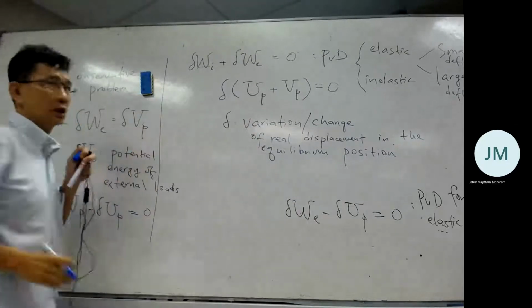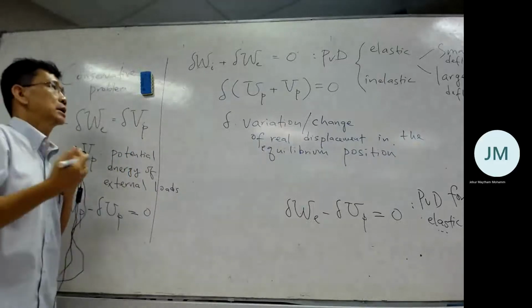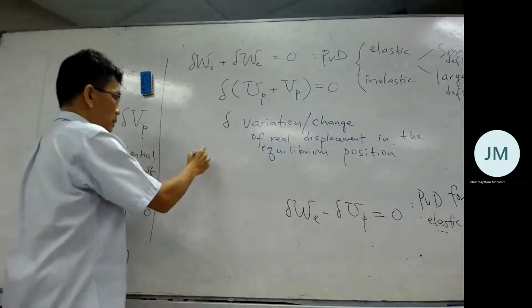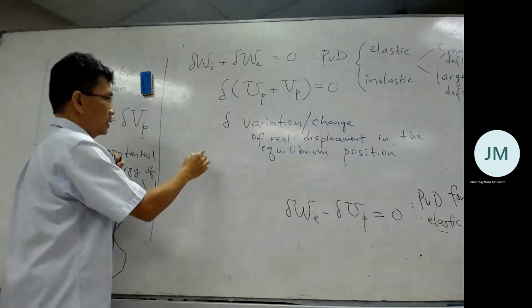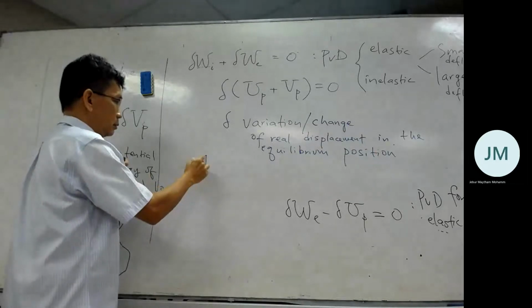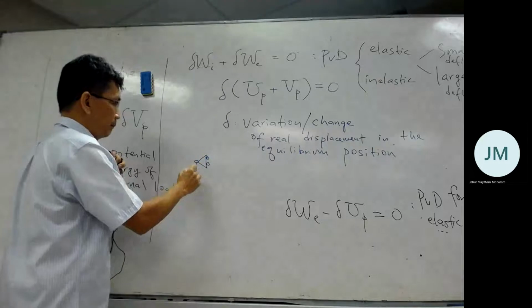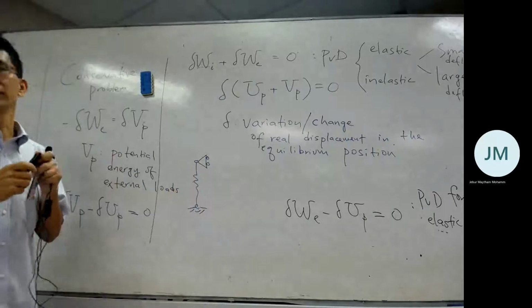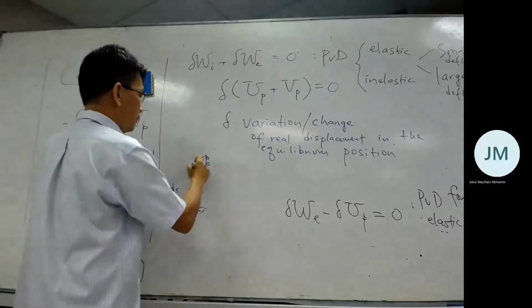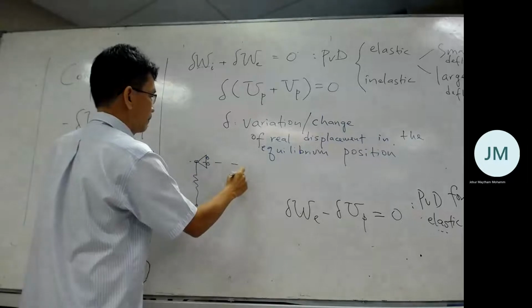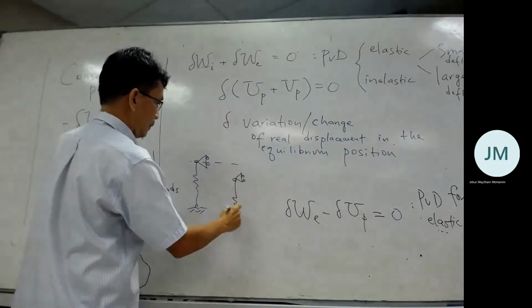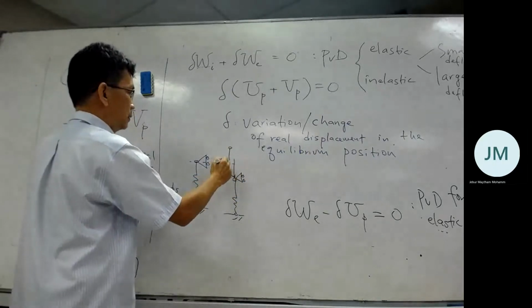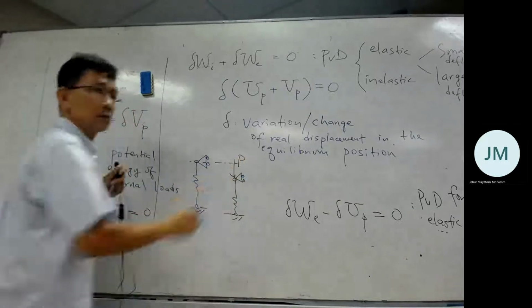So we can understand this delta as having this meaning. I use a simple example, a spring, which is easy to draw here.